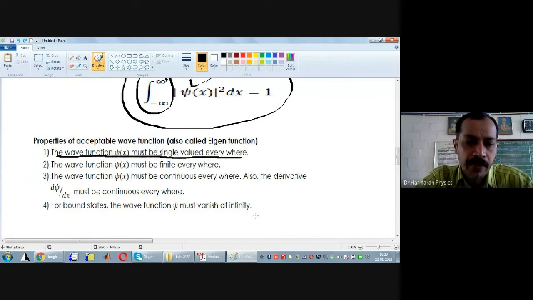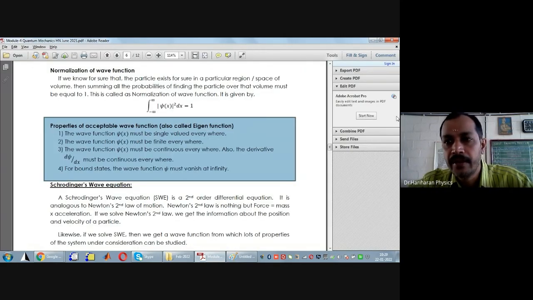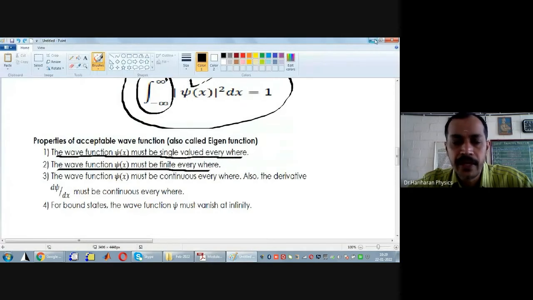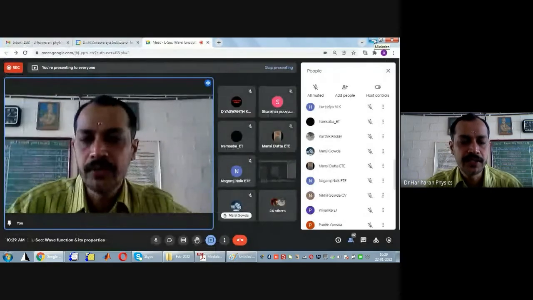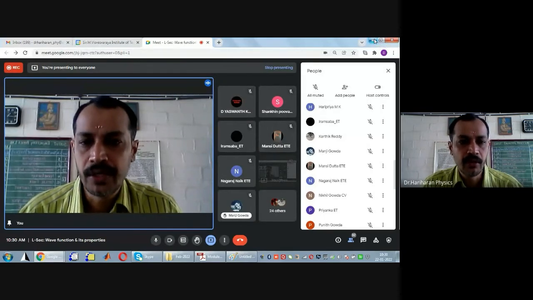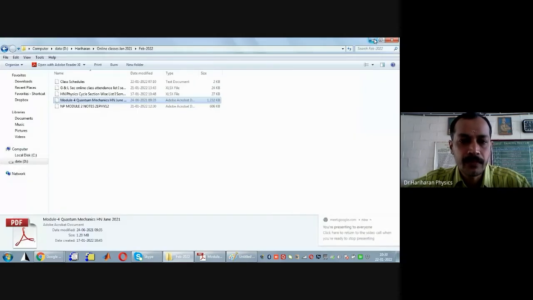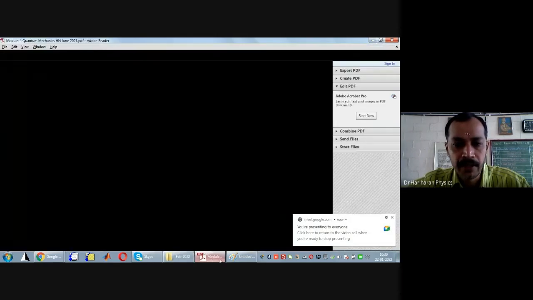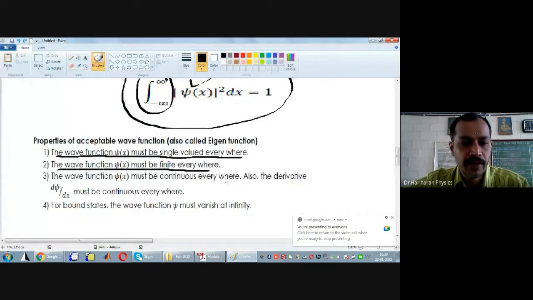The second property is the wave function should take only finite values. For example, tan pi by 2 is infinity. So values such as tan pi by 2 or tan minus pi by 2 are not permitted. The second property is the wave function must be finite everywhere.